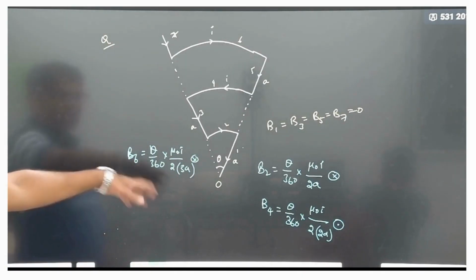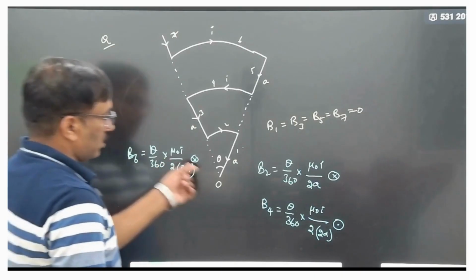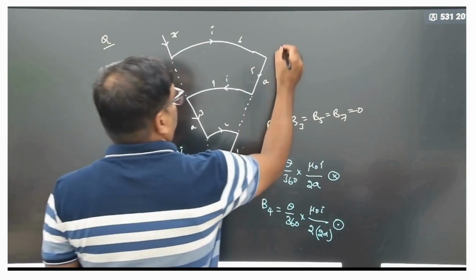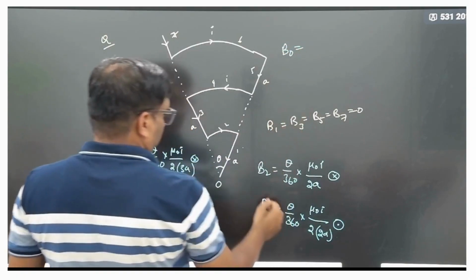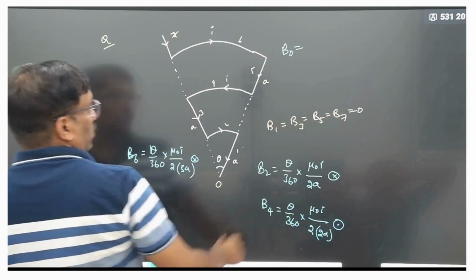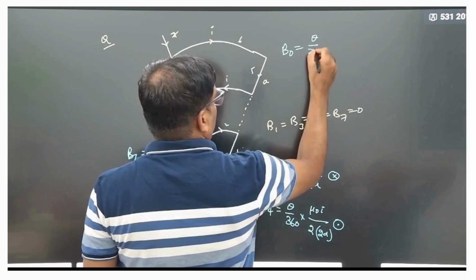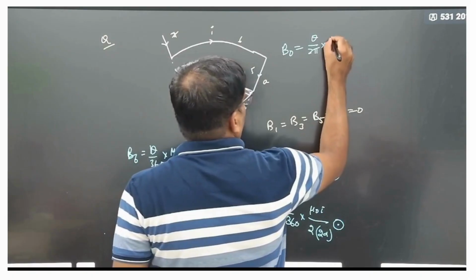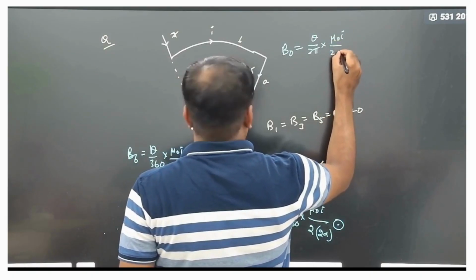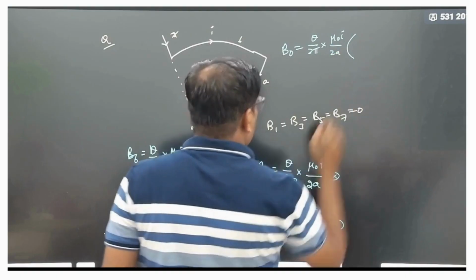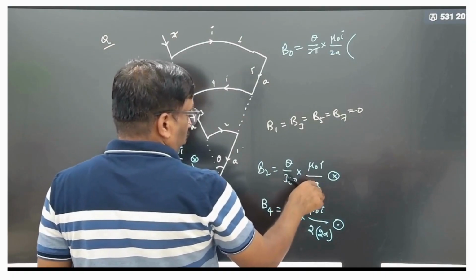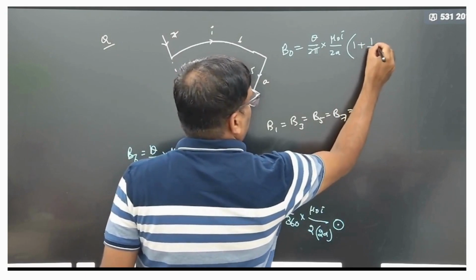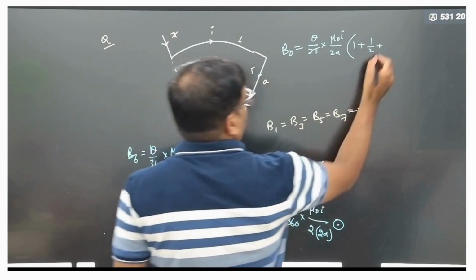So you need to add it. B0 you can write as B2 plus B4 plus B6. Theta by 360 means theta by 2 pi. You can rewrite it taking mu naught I by 2a common, into 1 plus 1 by 2 plus 1 by 3.